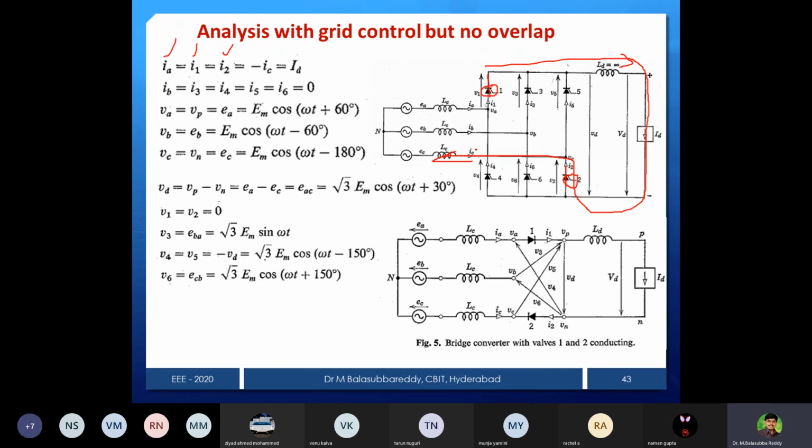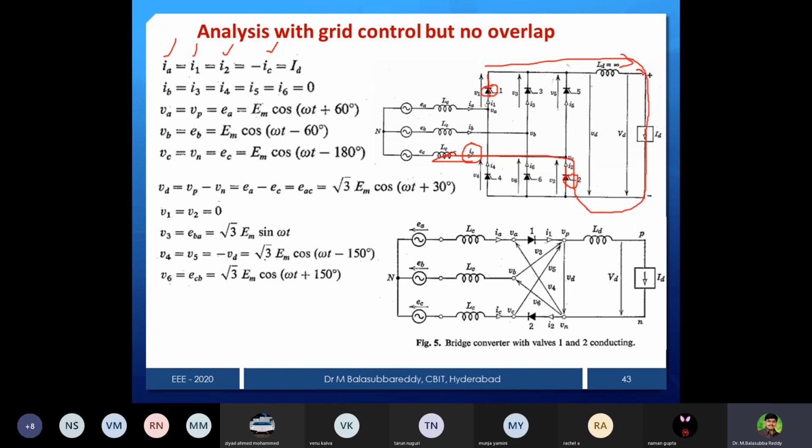Then what about IC? The IC direction and this arrow direction are different. That means we are entering in the opposite direction, so this arrow mark and the IC current direction are opposite. That's why I write minus IC.